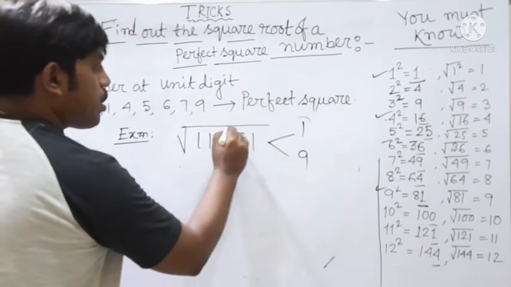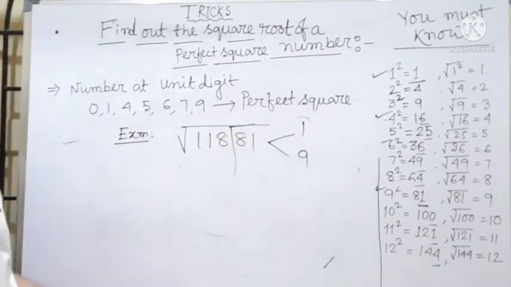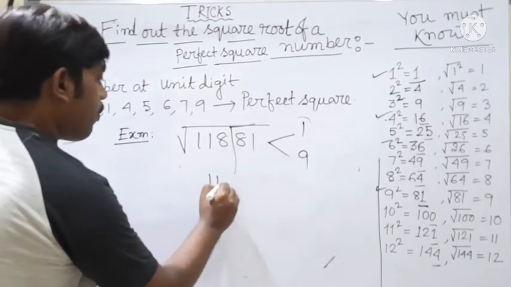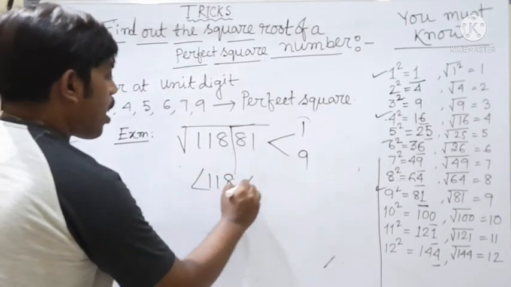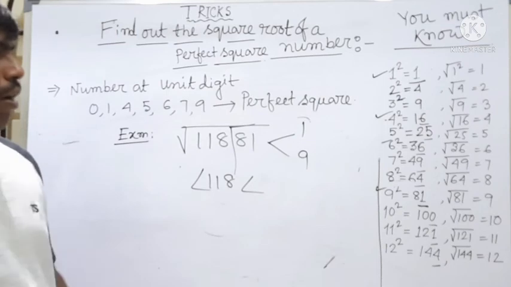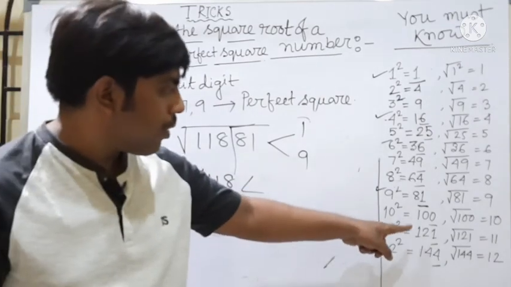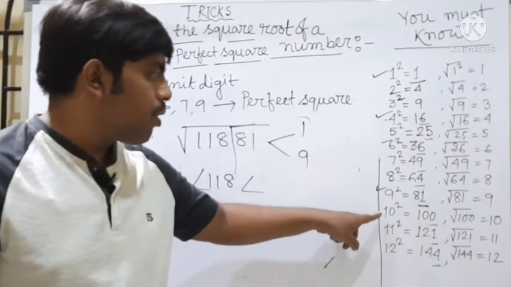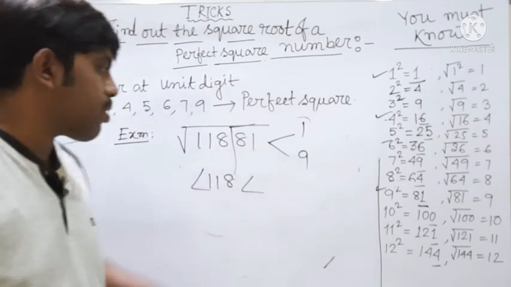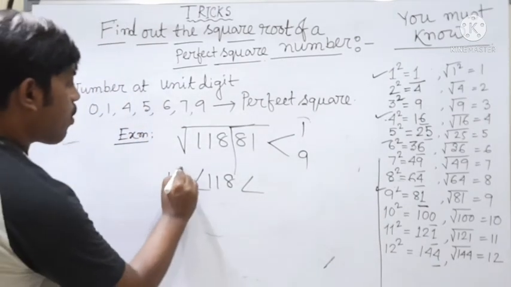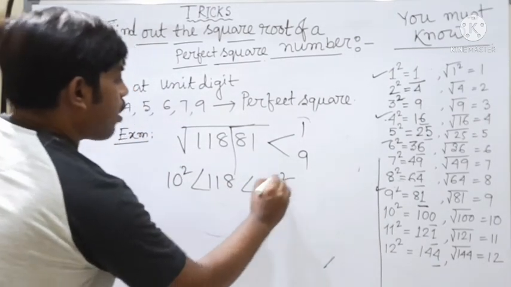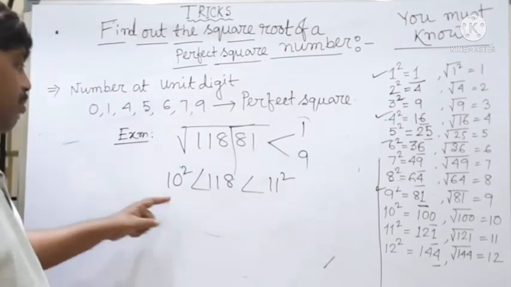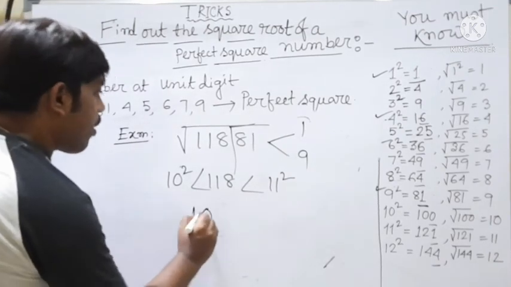We pair this part, 2 numbers. Then which part is remaining? 118. Now we see 118 lies between which two perfect square numbers? Here you can see 118 lies between 100 and 121, that is between 10 square and 11 square. But we take the smaller number, so obviously we take 10 here.